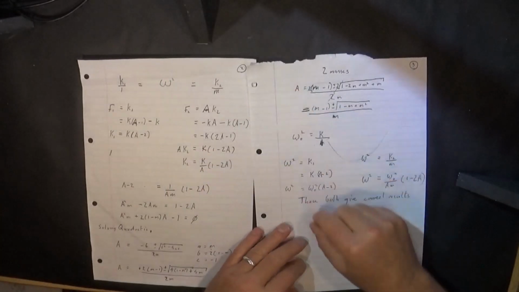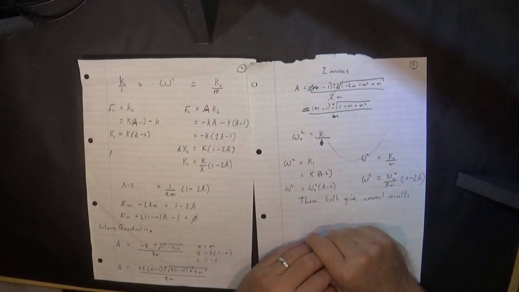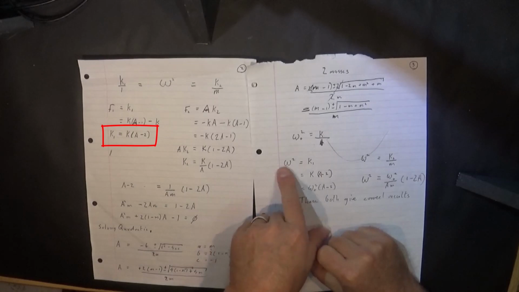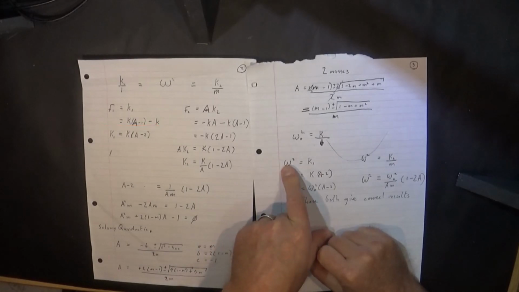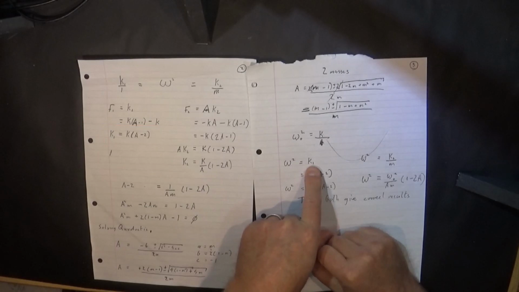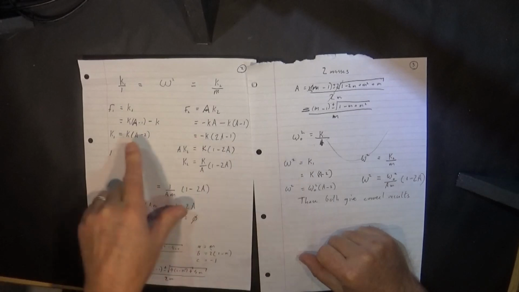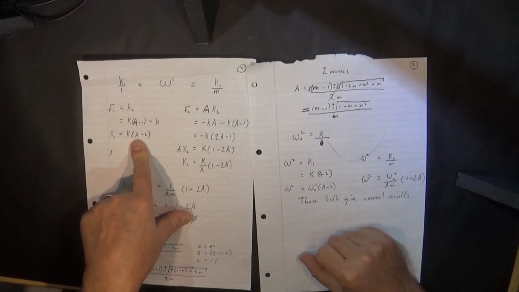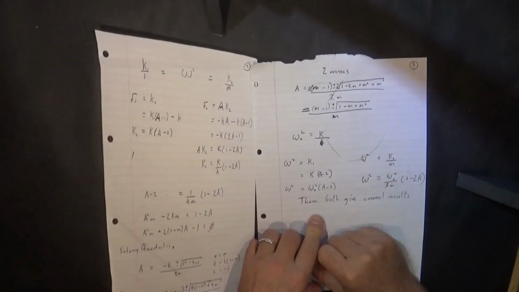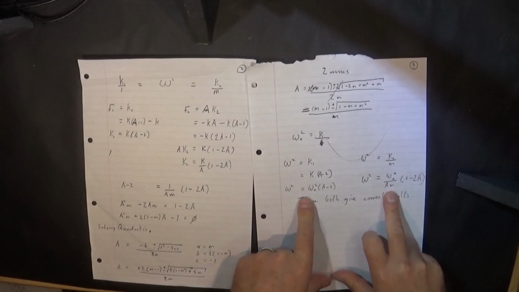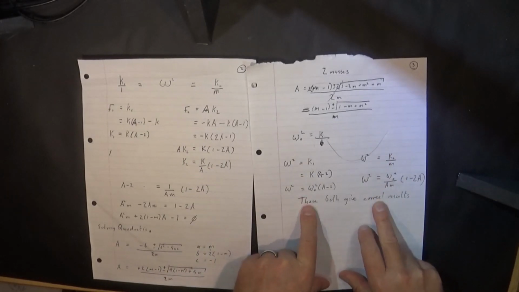So we've got our value of A, and we can find K1, omega squared, hence K from K1. And here I've just tested, and it does give the correct results, which agree with my experiment.